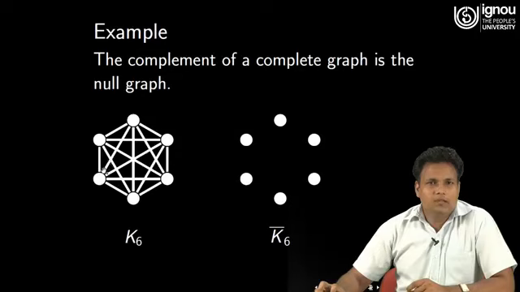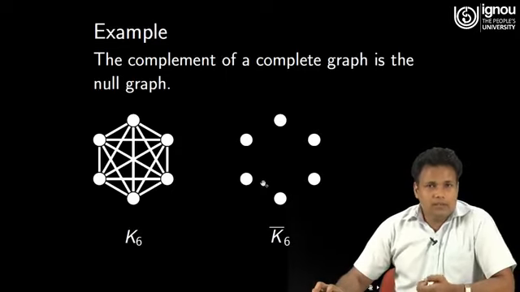So, there is no edge missing here, all the edges are present, and therefore in its complement, that is in K6 bar, there is no edge. All the vertices here are isolated. So, in fact, for any complete graph, the complement of that is a null graph.